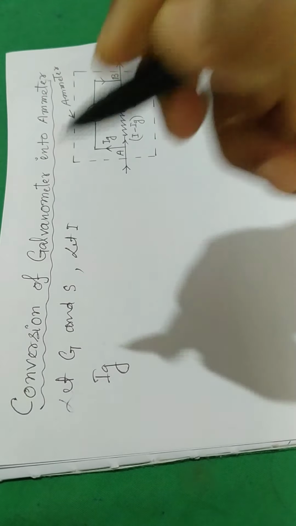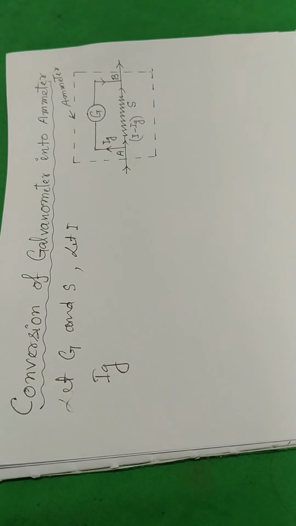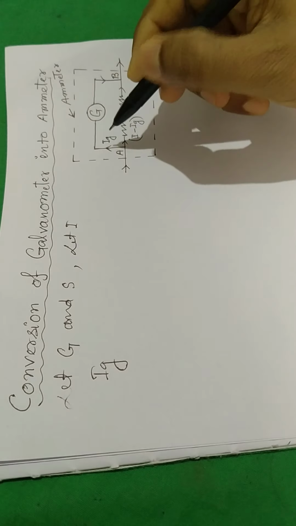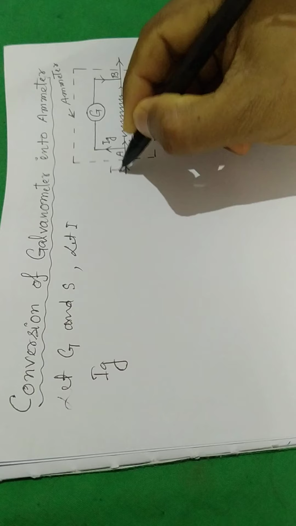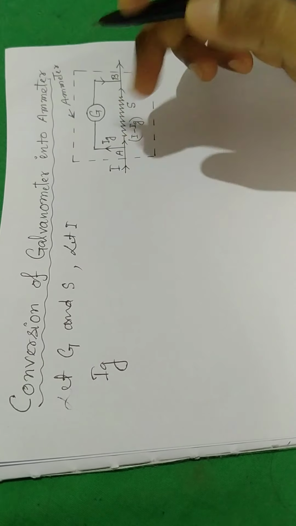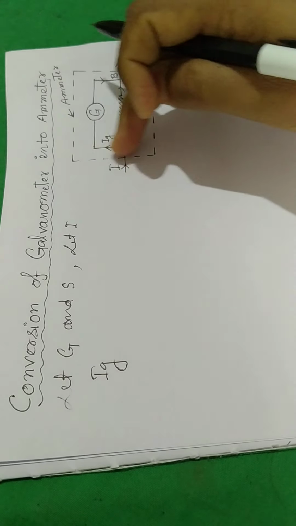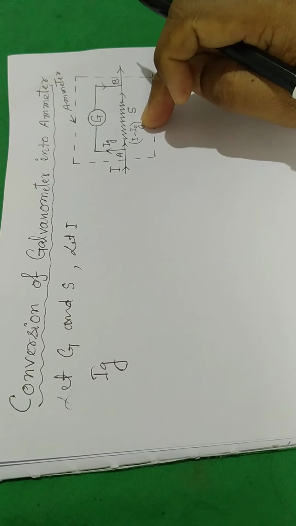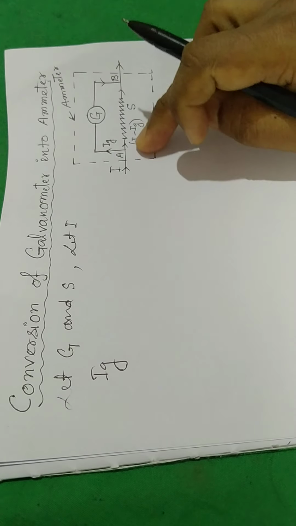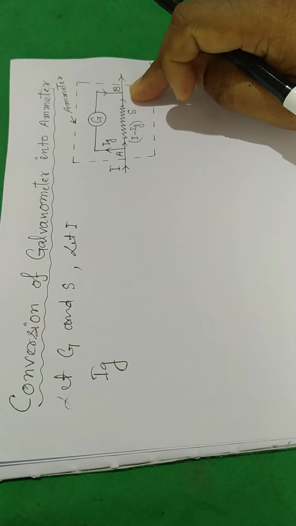Ig be the current flowing through the galvanometer, corresponding to which the galvanometer gives the full scale deflection. If total current is I, one part of current Ig flows through the galvanometer, then the remaining current I minus Ig flows through the shunt.